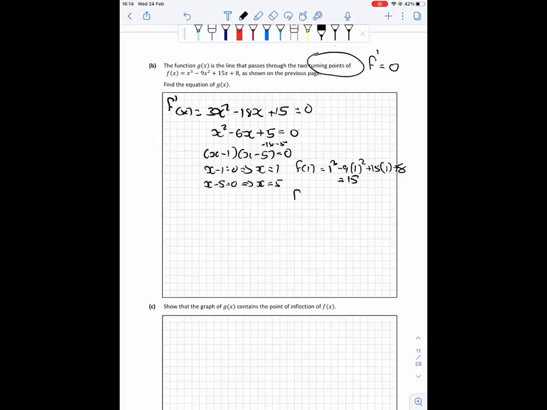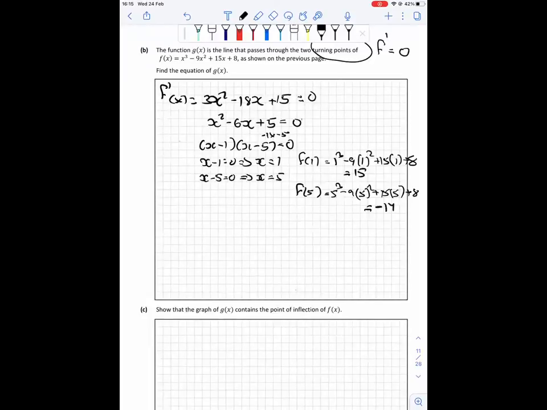And when we sub 5, we'll get the other point. f of 5 equals 5 cubed minus 9 times 5 squared plus 15 times 5 plus 8. And we calculate that number, and we get minus 17. So my two turning points are (1, 15) and (5, minus 17).